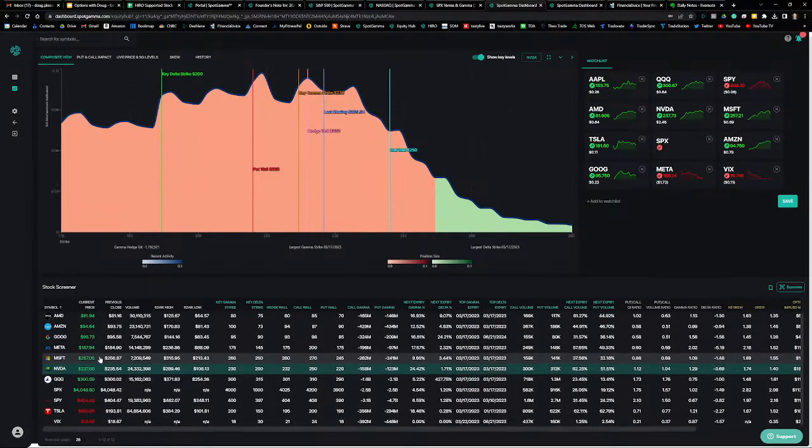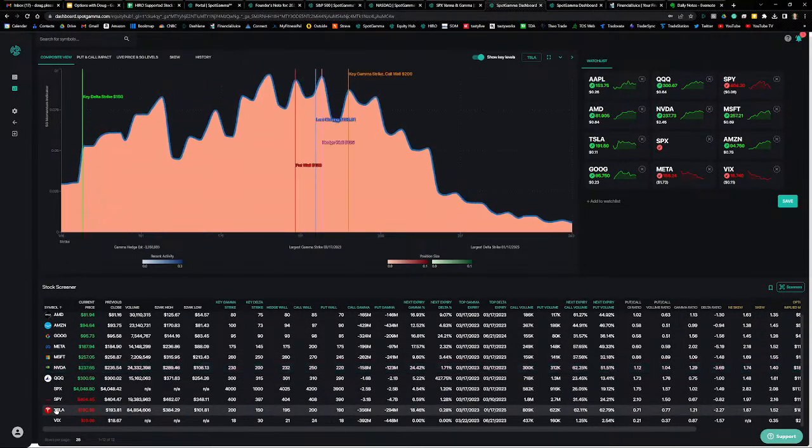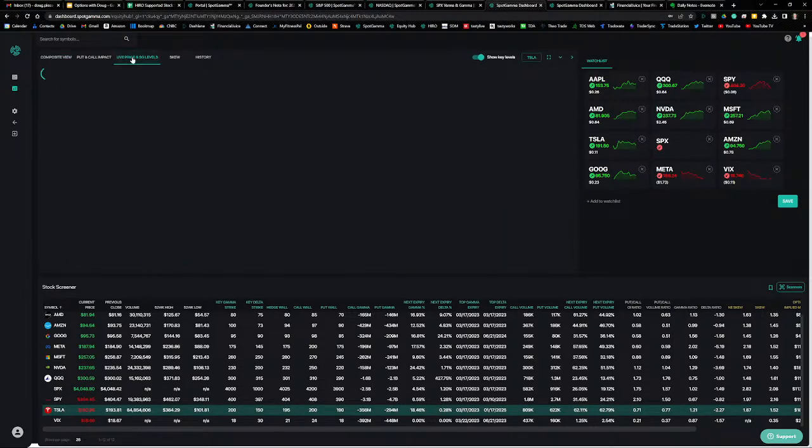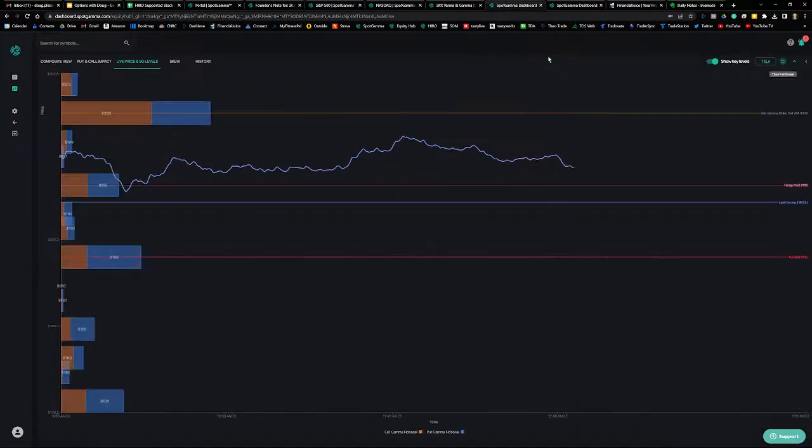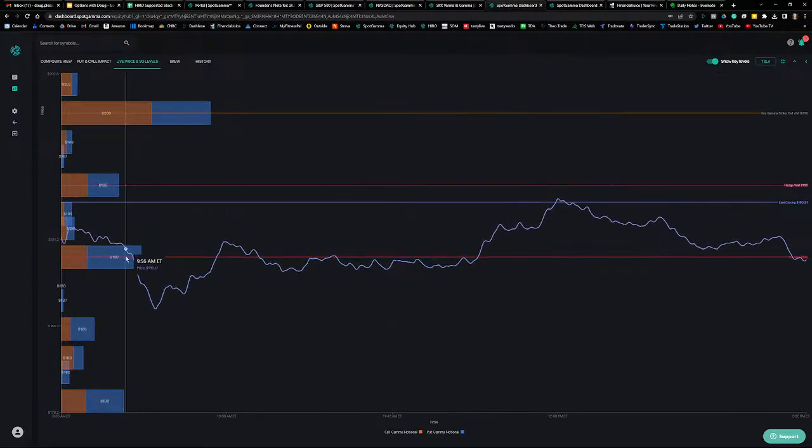Let's go to Tesla. So there's the drop below the put wall, and the orange level is the call gamma, and you can see the dominance of put gamma there at 190, and the drop below that.